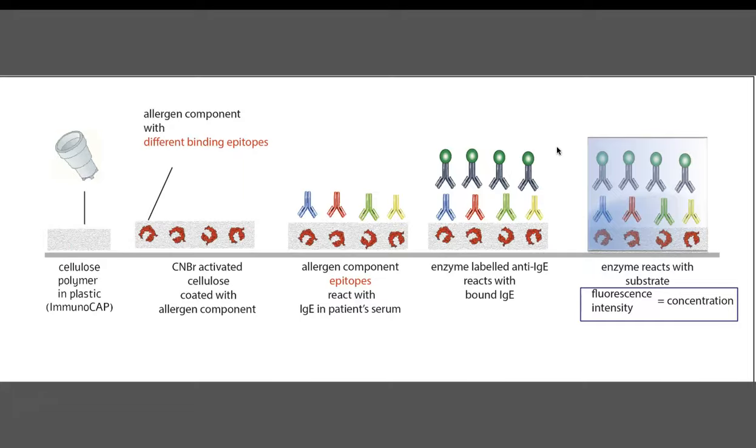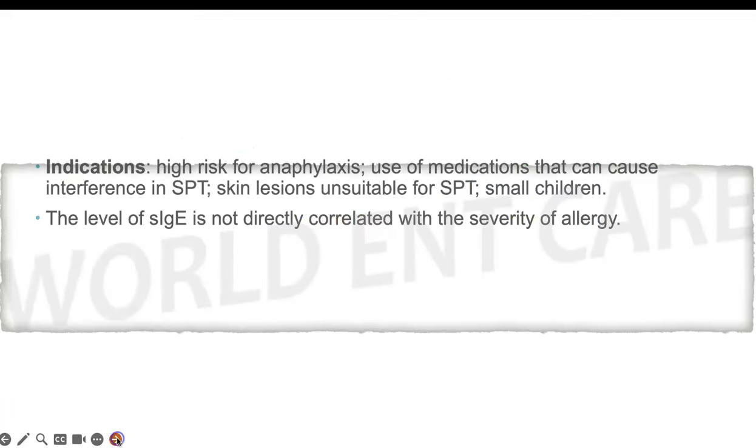colorimetric or fluorometric reaction. Now the indications of serum specific IgE are when there is a high risk of anaphylaxis where you cannot use SPT, when medications that can interfere with SPT are being used, when there is a skin lesion unsuitable for SPT, and in small children.